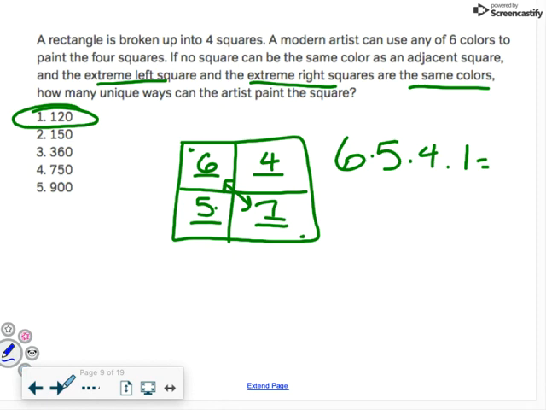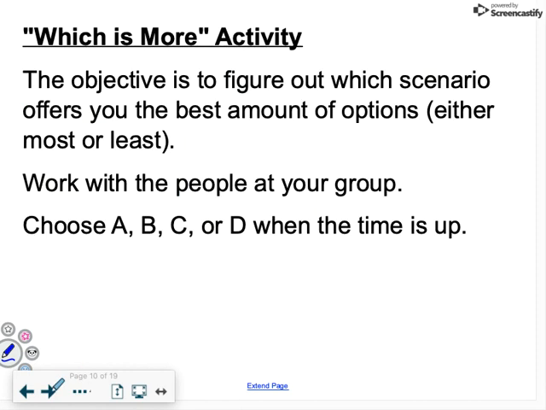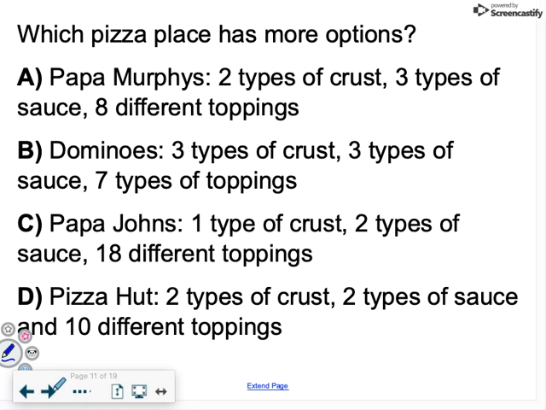So this next part, a little activity to do. I will move through it fairly quickly, but feel free to pause, work on the problem, then check your answers afterwards. This is the Which Is More activity. The objective is to figure out which scenario offers you the best amount of options. Work with people in your group, choose A, B, C, or D. To start, we have these pizza places, and we want to know which one offers you more options.